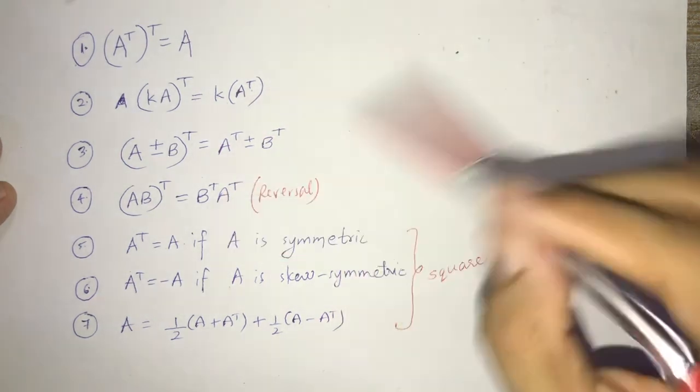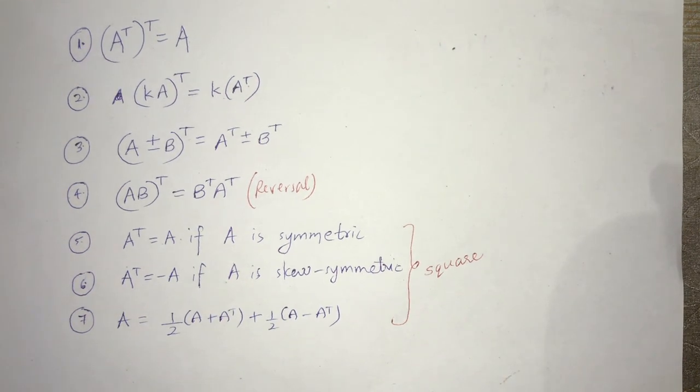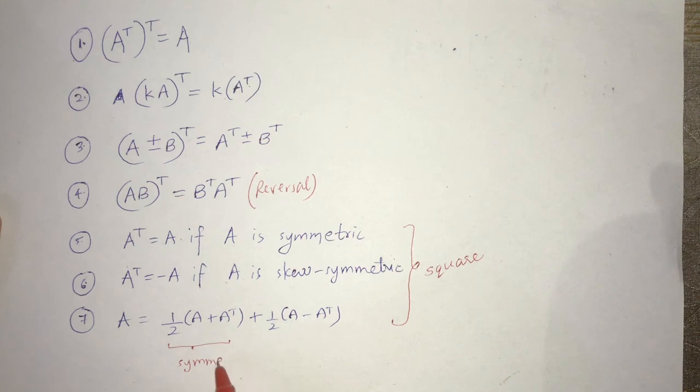For the rest, any matrix will work in 1, 2, 3, 4, any order of matrix will work. In 5, 6, 7, wherever we talk about symmetric and skew symmetric matrices, we need a square matrix. So these are the 7 properties. Of these, this part we call the symmetric matrix part, this is a symmetric matrix, and this part we call the skew symmetric matrix.